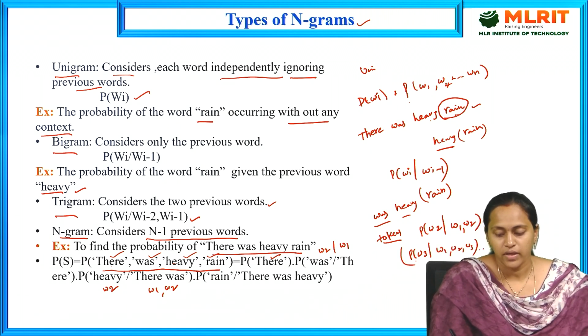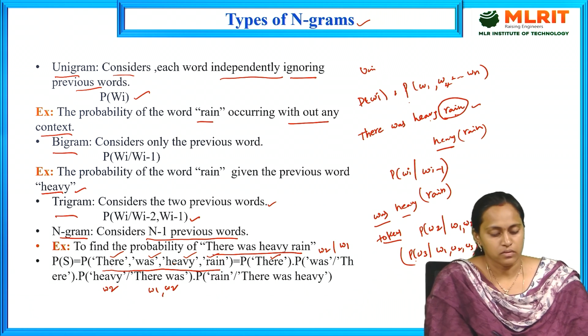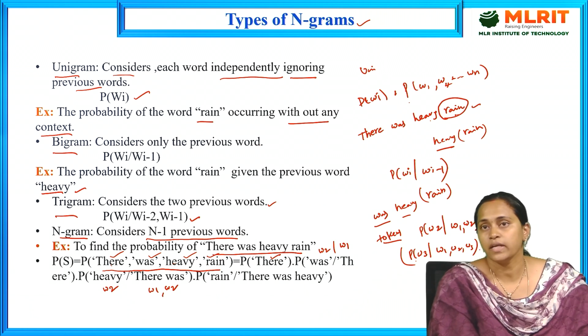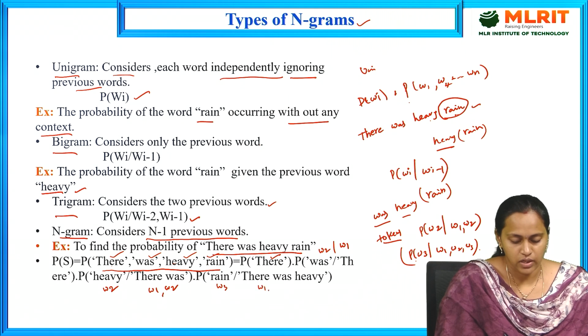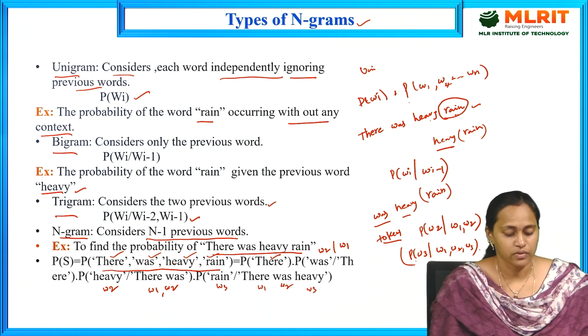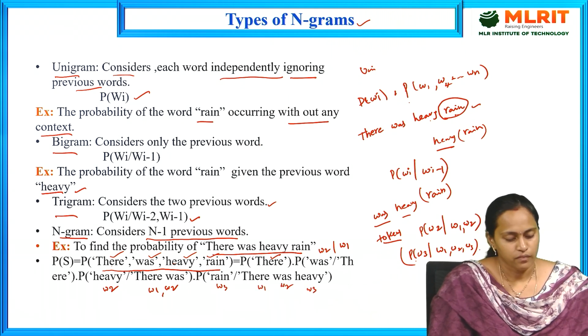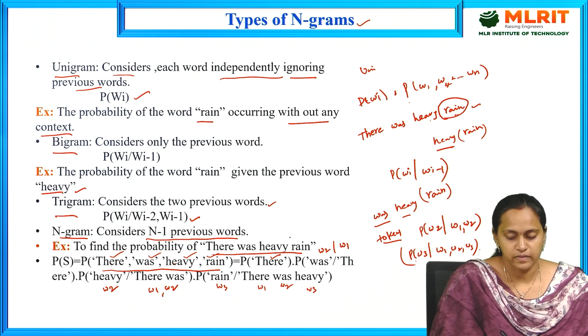Like this, we can calculate up to the number of words in the sentence. This is the overall way to find the probability of the sentence.